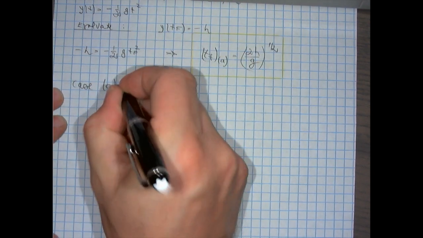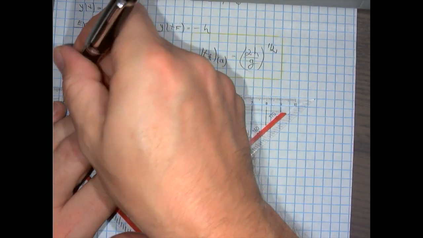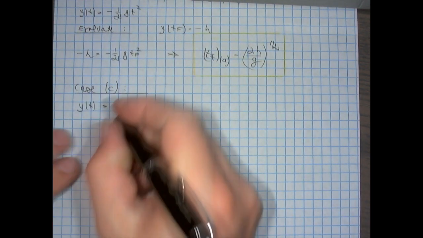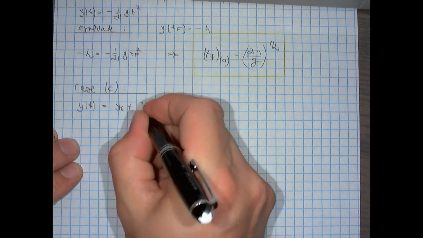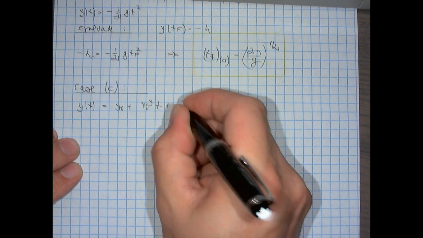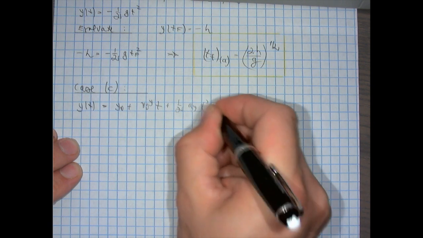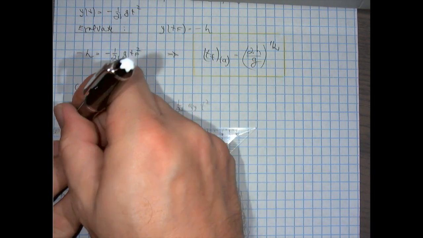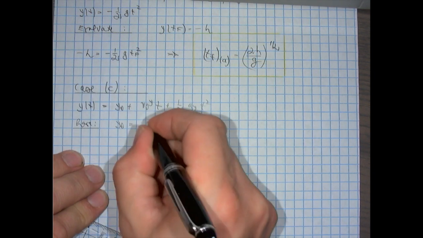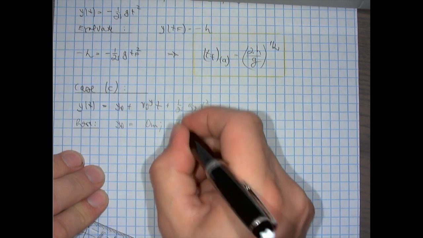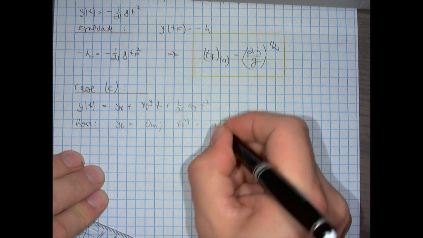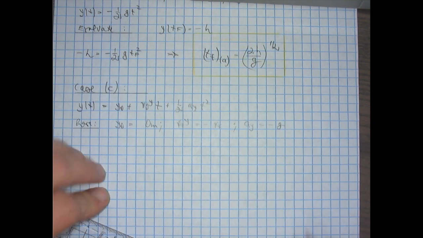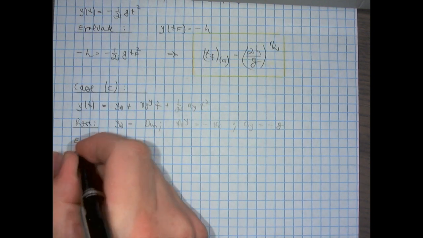So let's now continue with part C. Case C first. So now let me also write down y of t equals y naught plus v0y t plus a half ay t squared. And now here we have y naught equals 0 meters, v0y equals minus v naught, and ay equals minus g. Therefore, let's evaluate this now.